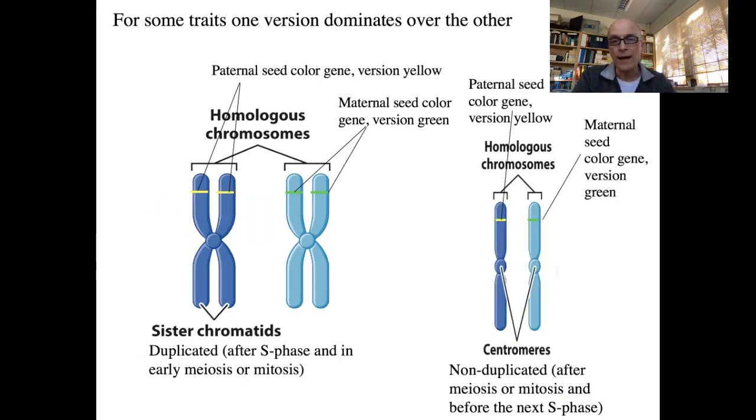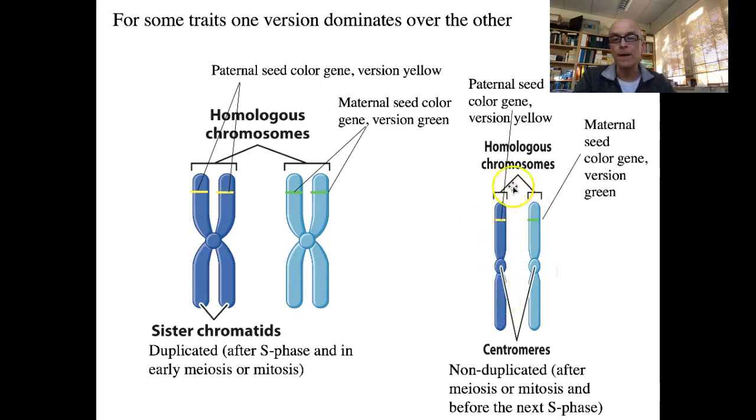So I also want to just be sure that there's no confusion about the number of copies. Just remember from our discussion on the cell cycle that whether you draw a chromosome like this, X-shaped with the two sister chromatids, or whether you draw it like this, it's the same chromosome, right?